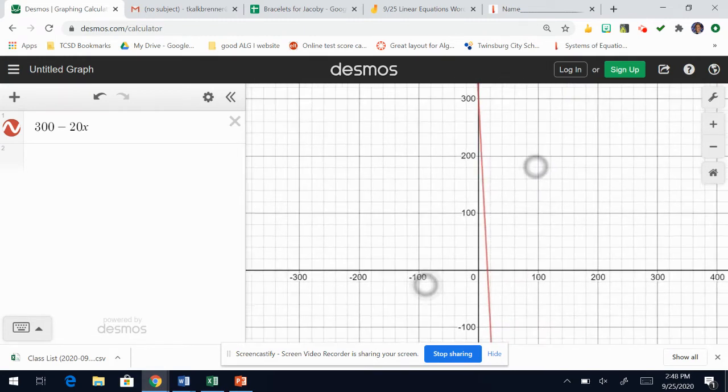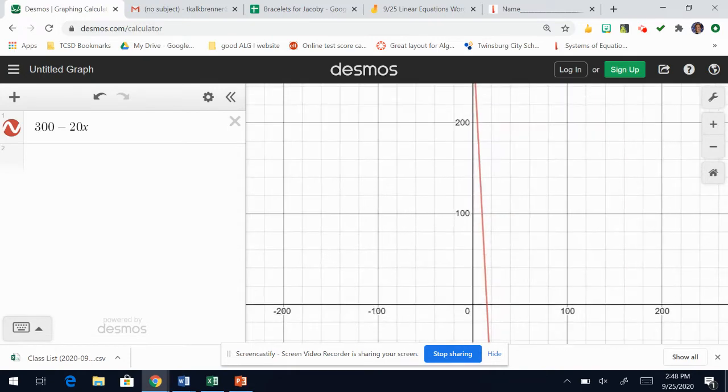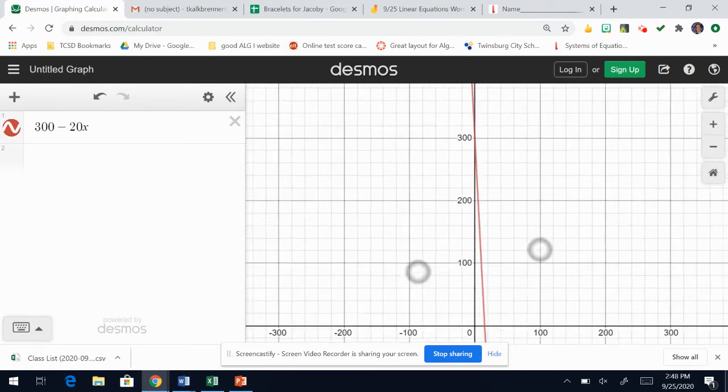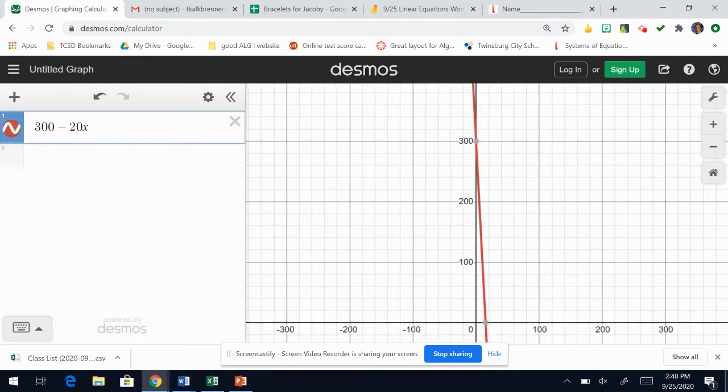So the reason why that's super high is because what we've been talking about is that constant is going to be your y-intercept. So we are starting at 300, and it finishes right here at 15, 0. So there's our y-intercept, or 0, 300, and then our x-intercept is 15, 0.